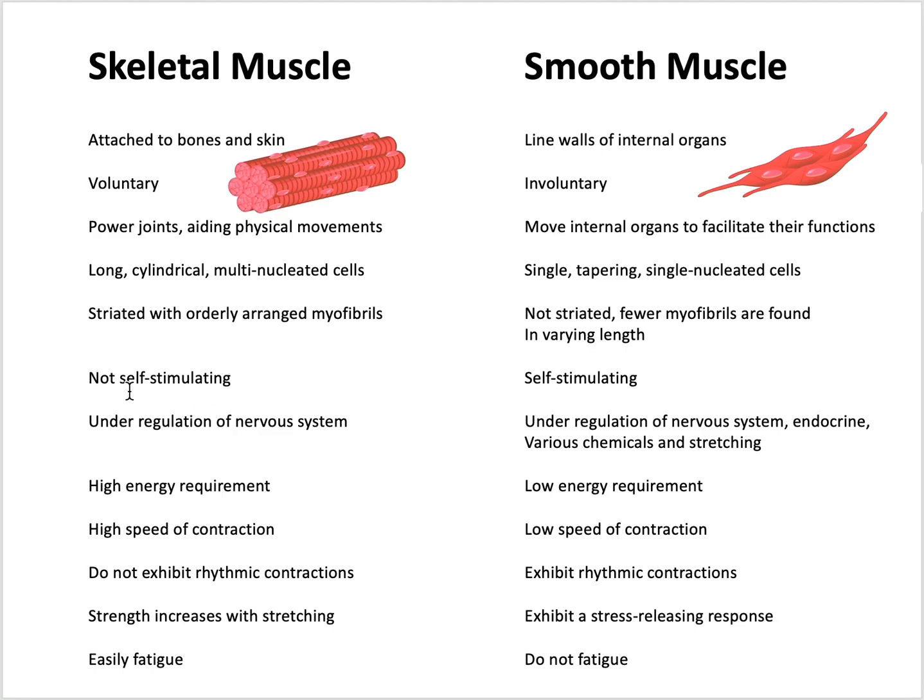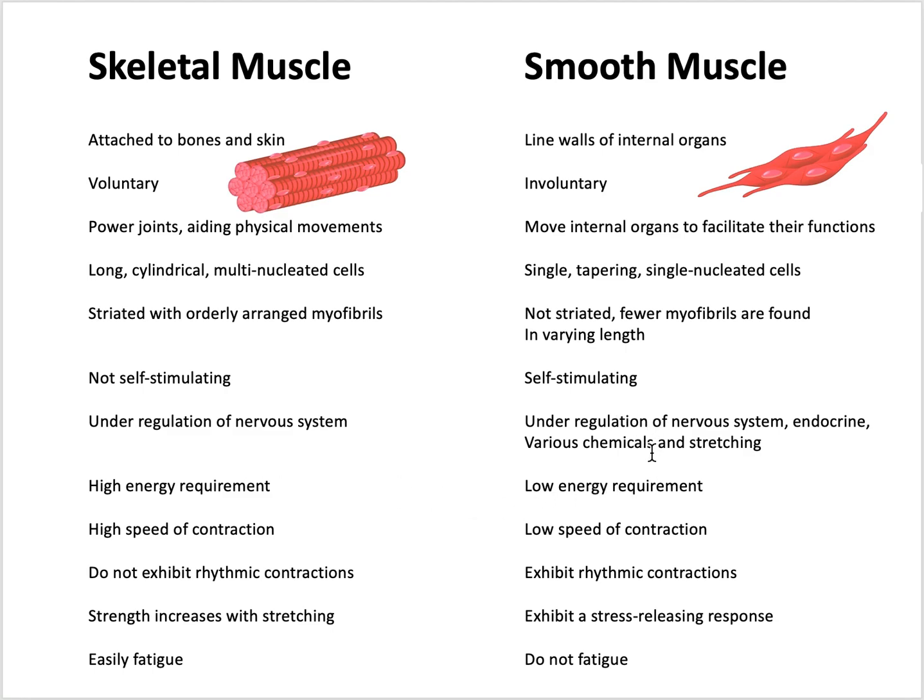Skeletal muscle cells cannot be self-stimulated. They absolutely require motor neuron input, whereas smooth muscle cells can be self-stimulating. Skeletal muscle is under the regulation of the nervous system; contraction cannot happen without motor neuron input.